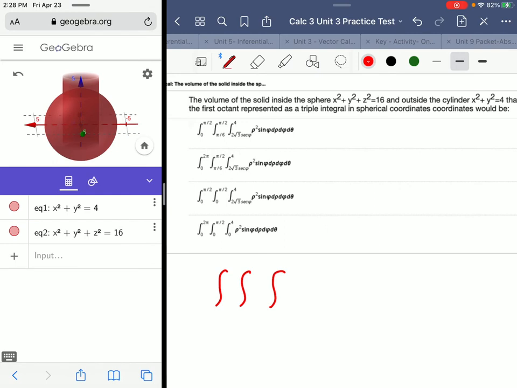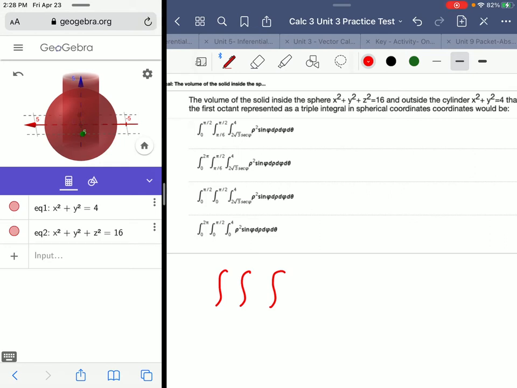All right, so what we're looking for is a portion of the volume of the sphere that's outside of the cylinder. All right, but only in the first octant.